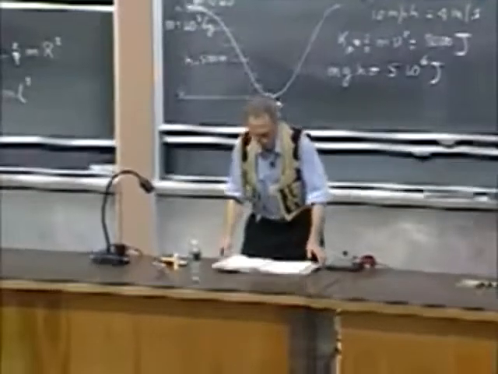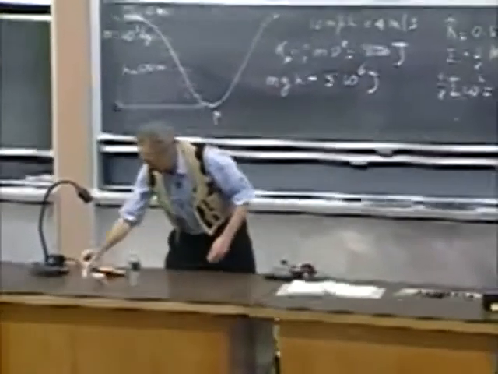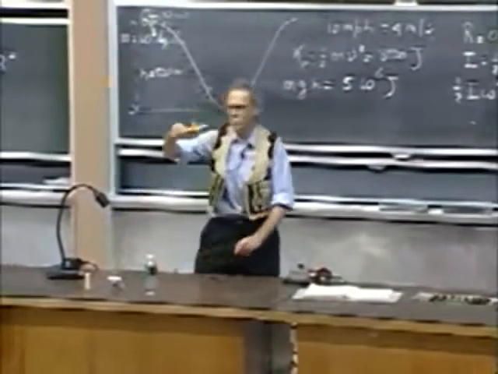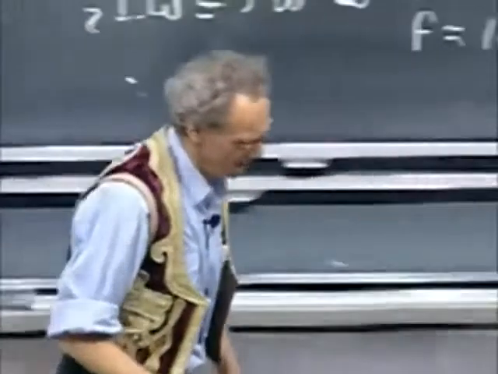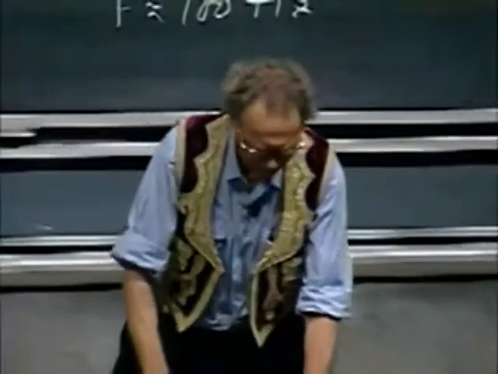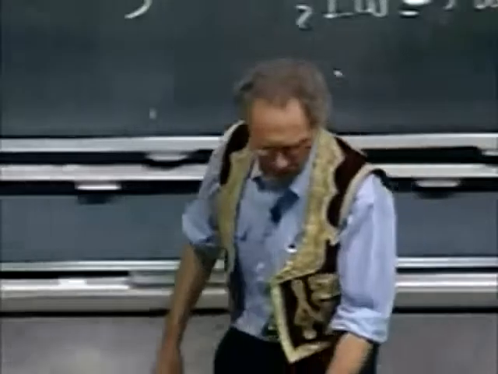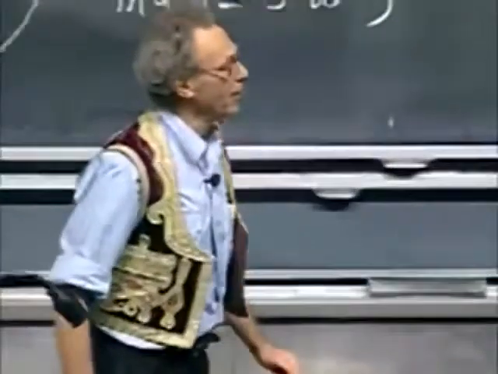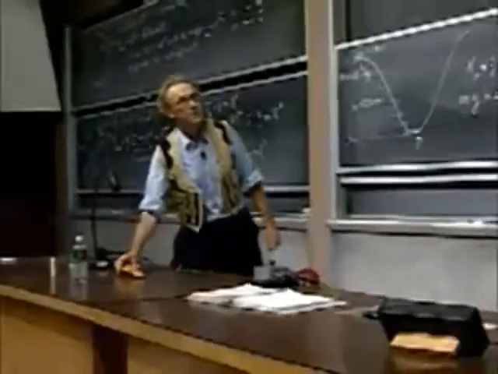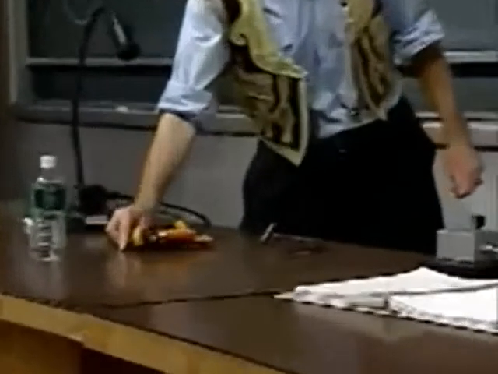I have here a toy car. I'll show it on TV first. And this toy car has a flywheel. You see it? The flywheel itself is the wheel of the car. But the idea is there.